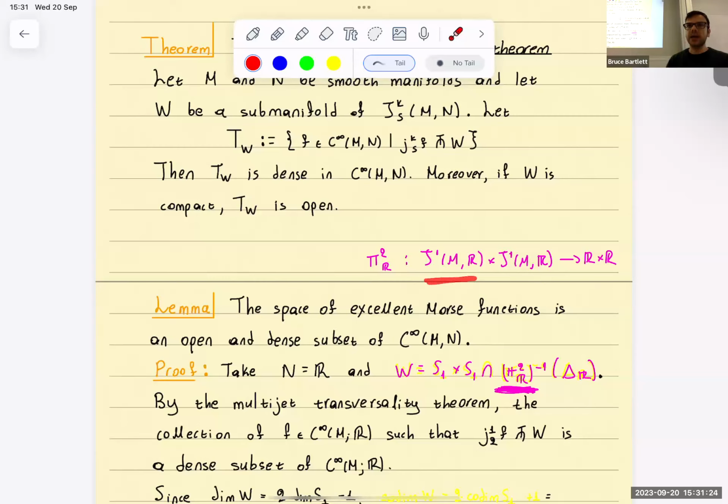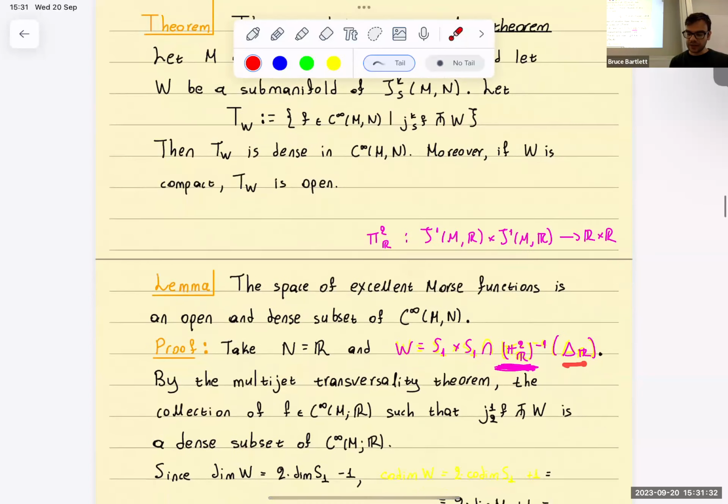And pi R is a submersion, just a projection to the R factor. And so pi R2 is a submersion, and the diagonal is a submanifold of the target, so it's going to be a submanifold when I pull it back. And then I intersect, and S1 is a submanifold, so S1 cross S1 is a submanifold, and they intersect transversely.